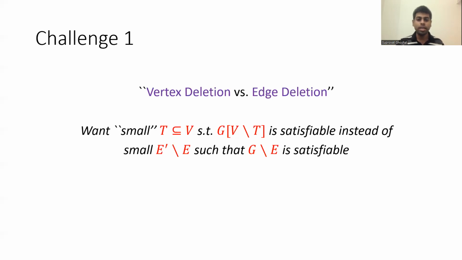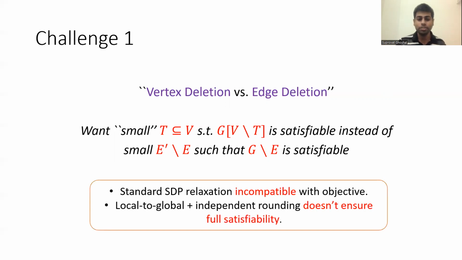Now, the first challenge is an obvious one. It's this incompatibility between a vertex deletion objective and an edge deletion objective, right? So in max CSPs, we want to delete edges to reach a subgraph which is completely satisfiable. And in strong CSPs, we want to delete vertices to reach a completely satisfiable subgraph. This incompatibility obviously manifests in the techniques that are used to solve these problems.